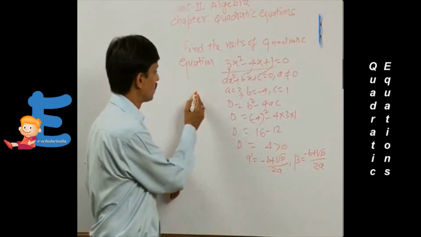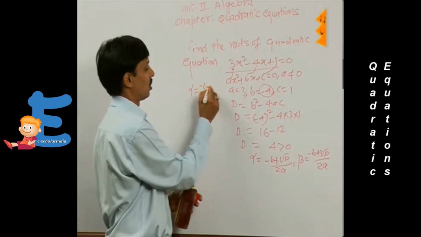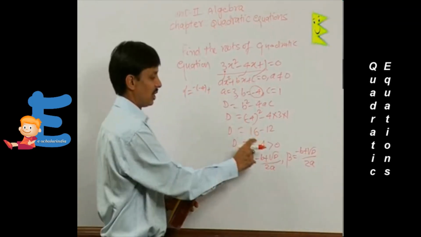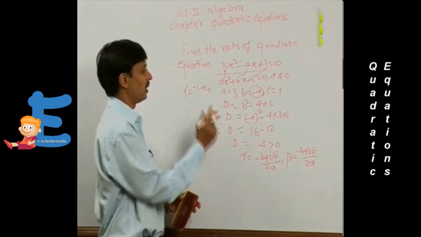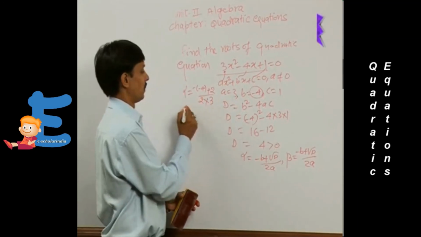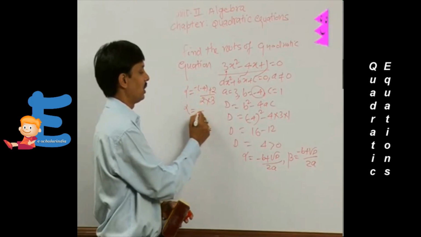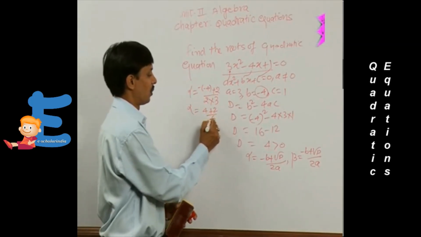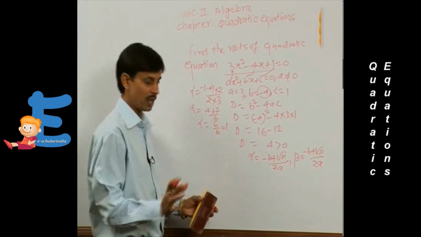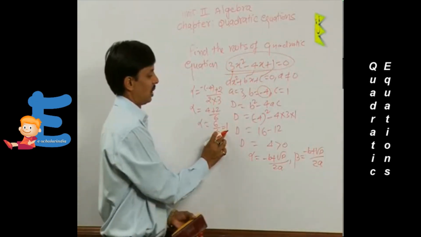So the zeros: alpha is equal to minus b, that means minus of minus 4, plus root of d. D is 4, so root of d is 2, upon 2a, 2 into 3. So the first zero is coming out to be minus of minus 4, which is plus 4, plus 2 upon 6. Alpha is equal to 6 upon 6, which becomes 1.